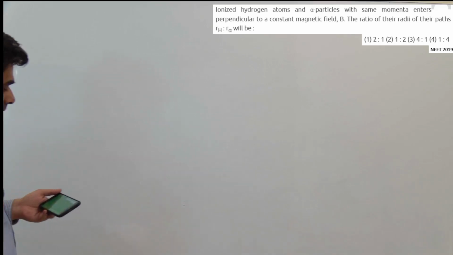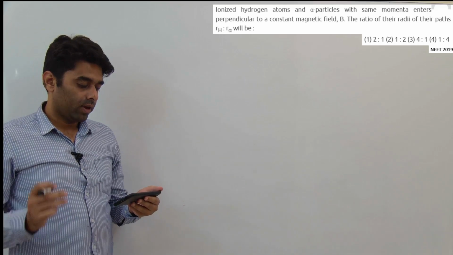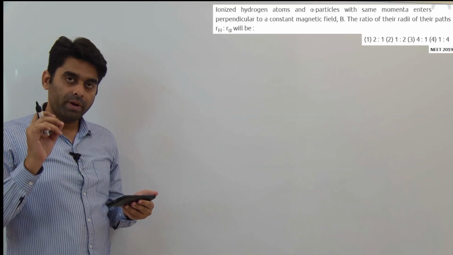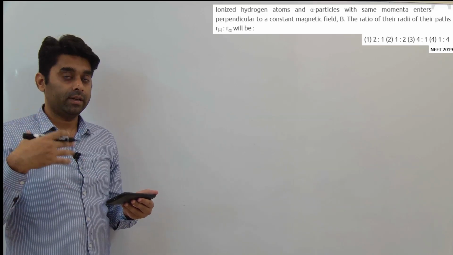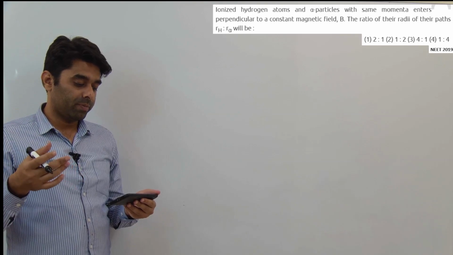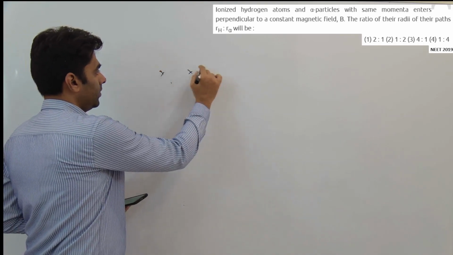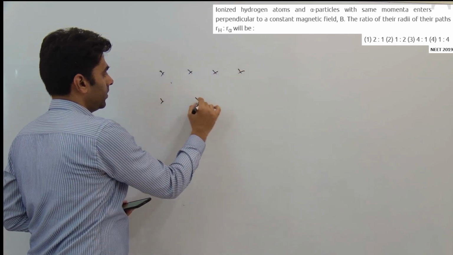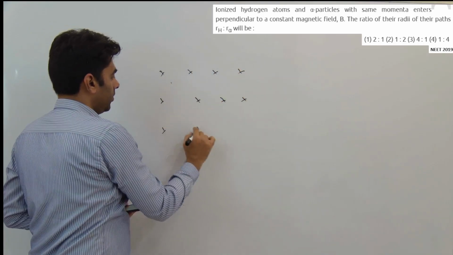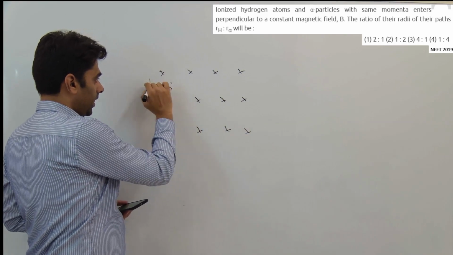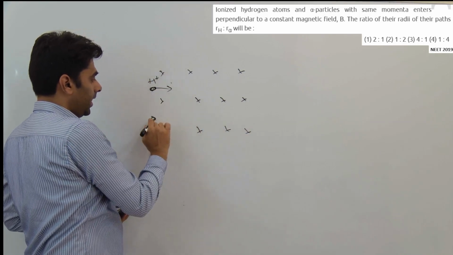So the question is, an ionized hydrogen atom and an alpha particle with the same momentum enter perpendicular to a constant magnetic field. In a region the magnetic field is given to us, and your ionized hydrogen, that means H plus, and the alpha particle.